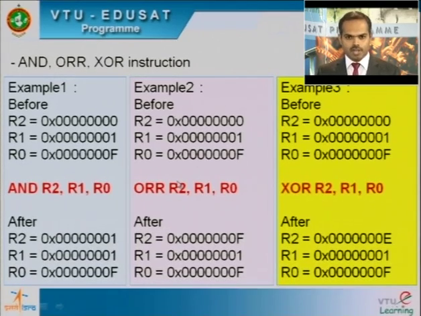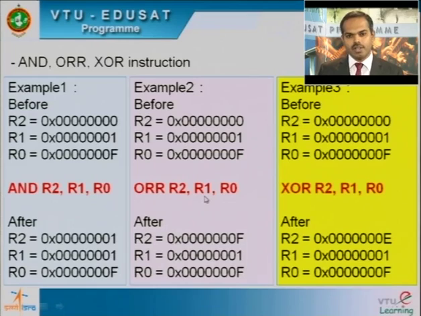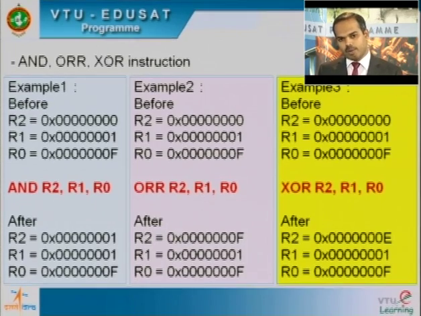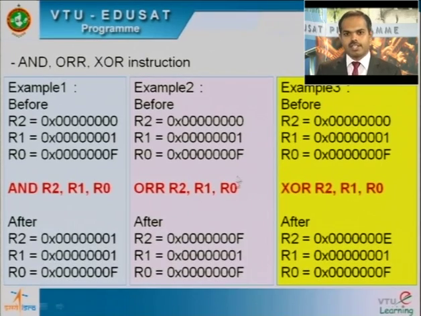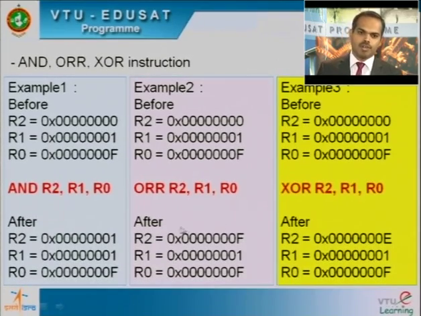The result is stored in R2. Like the basic OR gate operation, if any one of the inputs is 1, then the output is 1. In such a case, the result of the R0 and R1 contents, that is F and 1, is F. The F is stored in register R2.